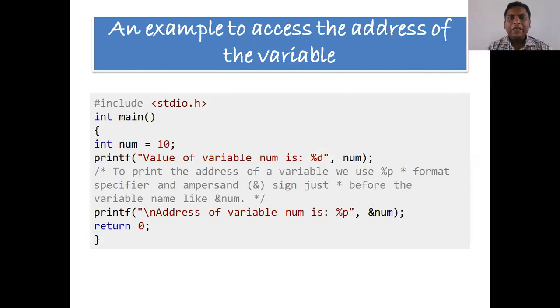So let us take an example program to access the address of a variable. In this program, I have declared a variable num, which is of integer data type, and I have initialized it with the value 10.